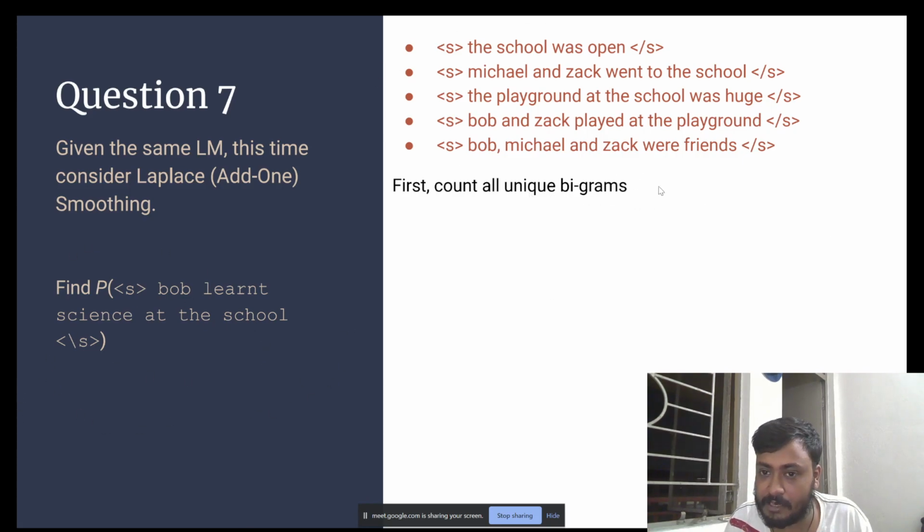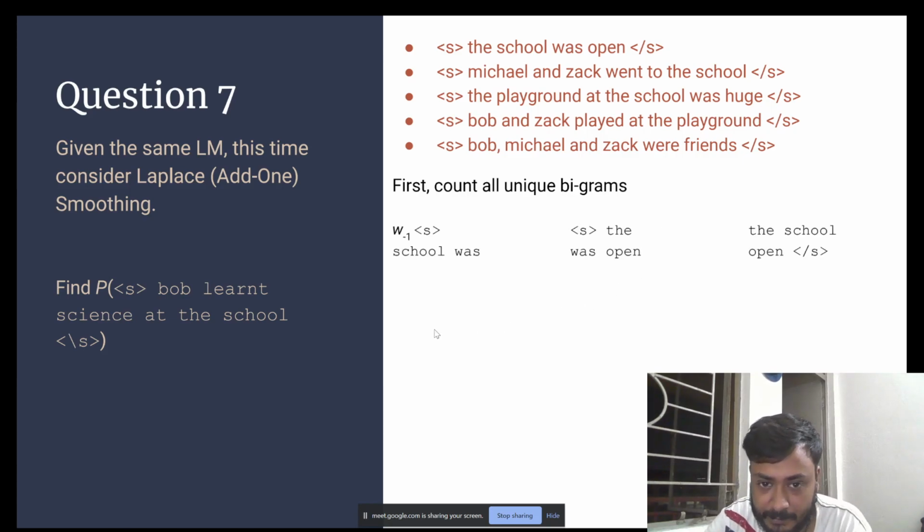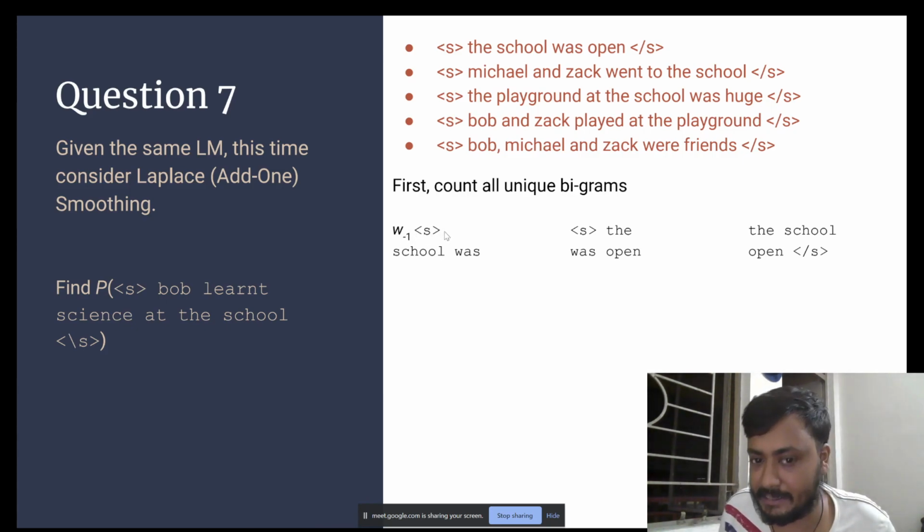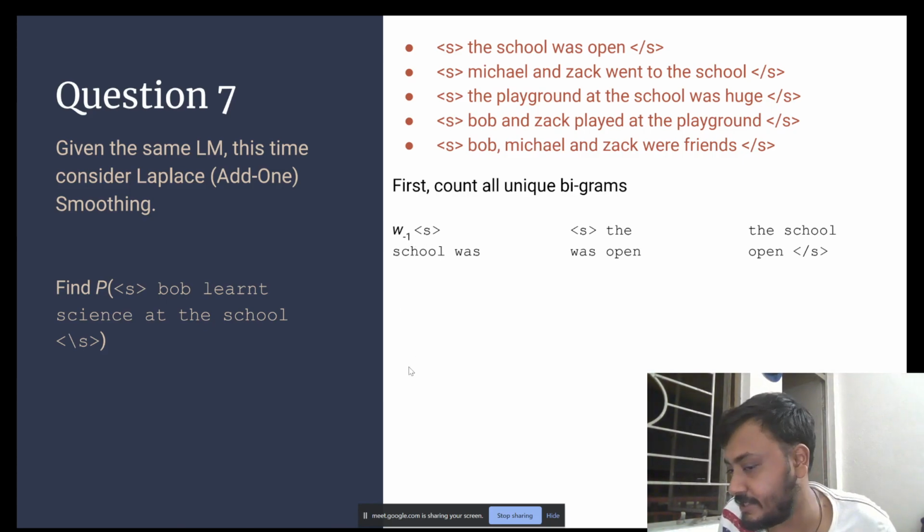So you need to calculate the vocabulary size in the corpus. So we'll just list out all the bigrams. The first one is simply the begin sentence token. We are just writing the W minus 1 for notation's sake. If you remember, this is actually empty, so it does not change anything.